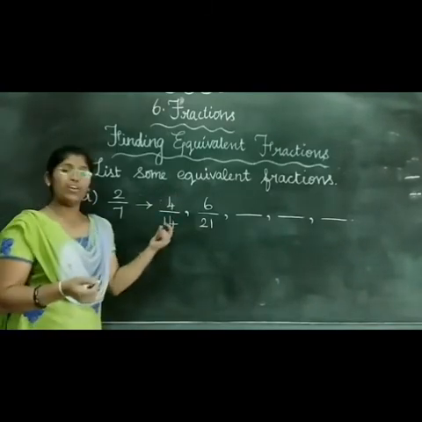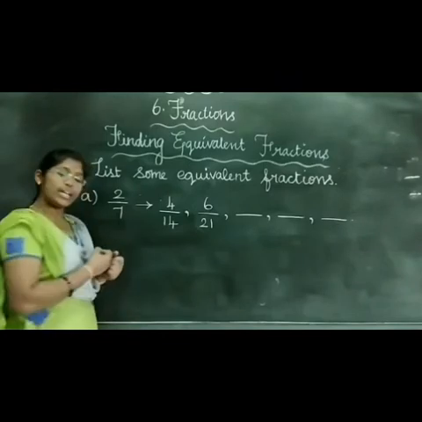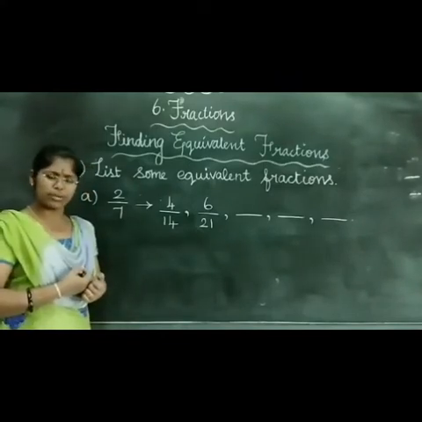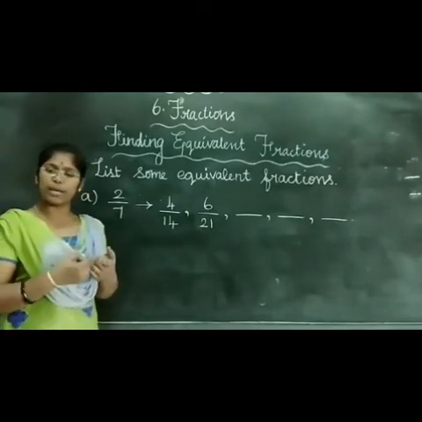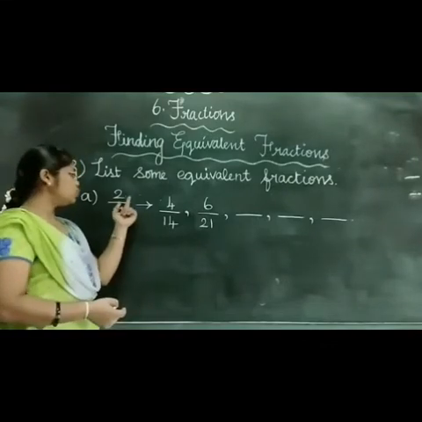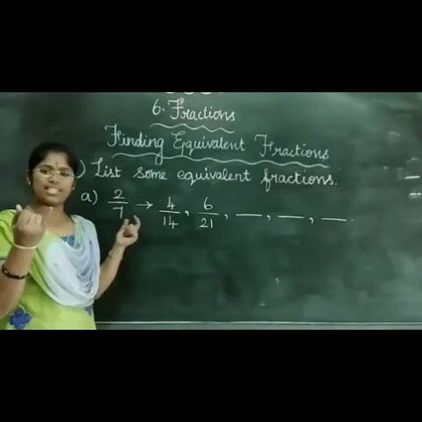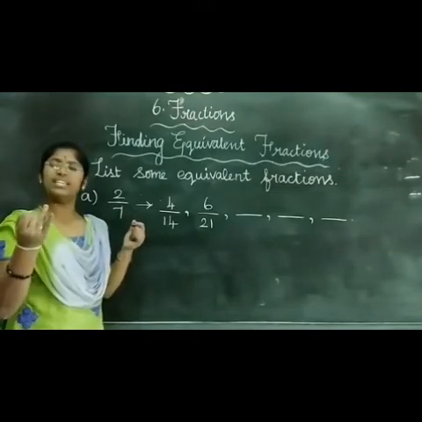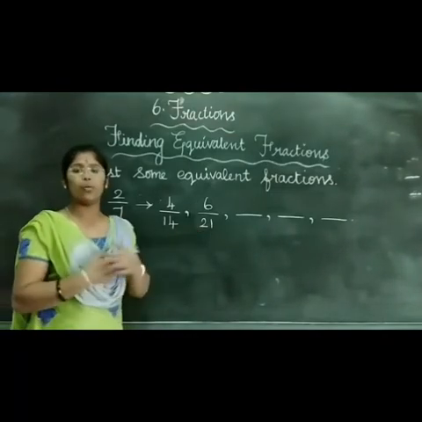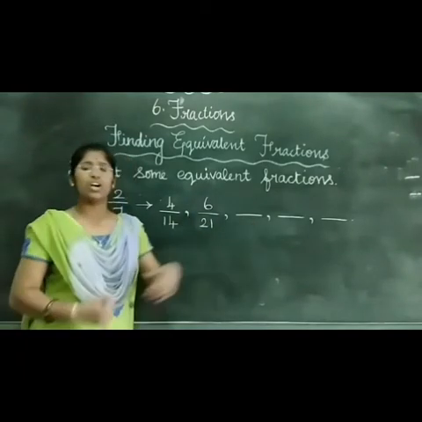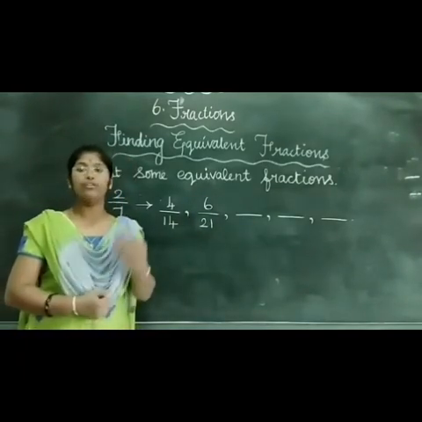Yes, 4 by 14. Then for the next one, we have to multiply by 2. No, we have to multiply by 3. Yes, 2 threes are 6, then 7 threes are, 1 7 is 7, 2 sevens are 14, 3 sevens are 21. Then for the next dash, we have to multiply it by 4.